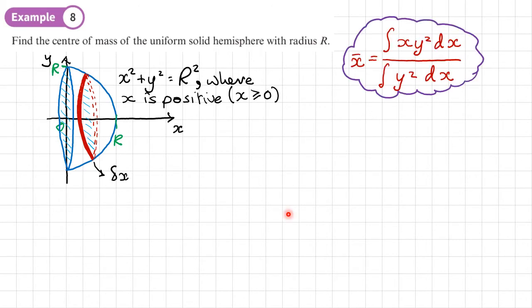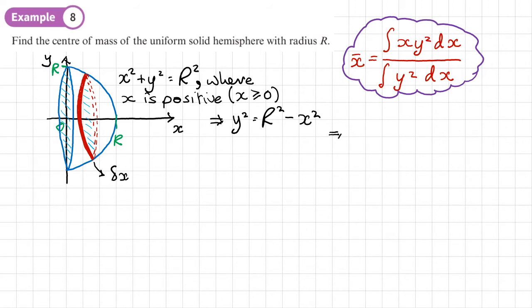So just like we did before, we're going to start with our formula here. We need to know the equation in the form y or y squared, so that's going to be easy enough. We can just rearrange our formula and get y squared is equal to r squared minus x squared.